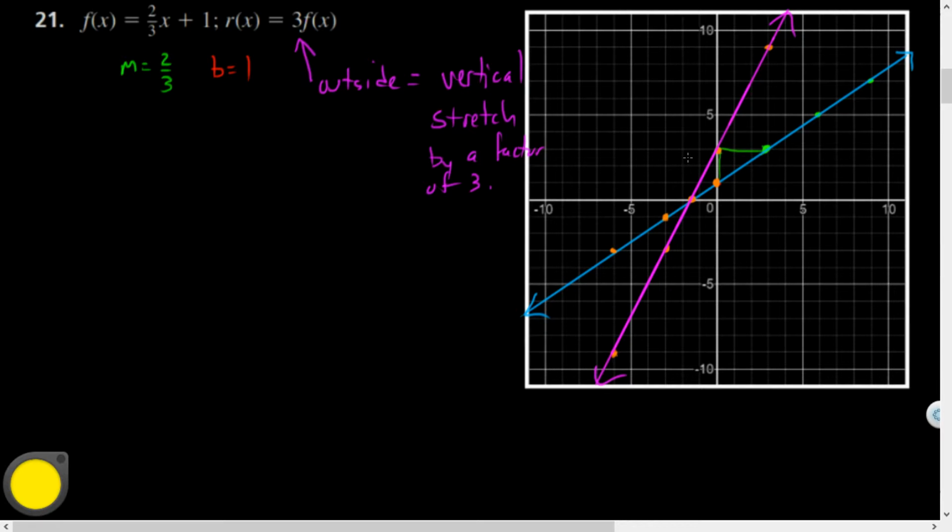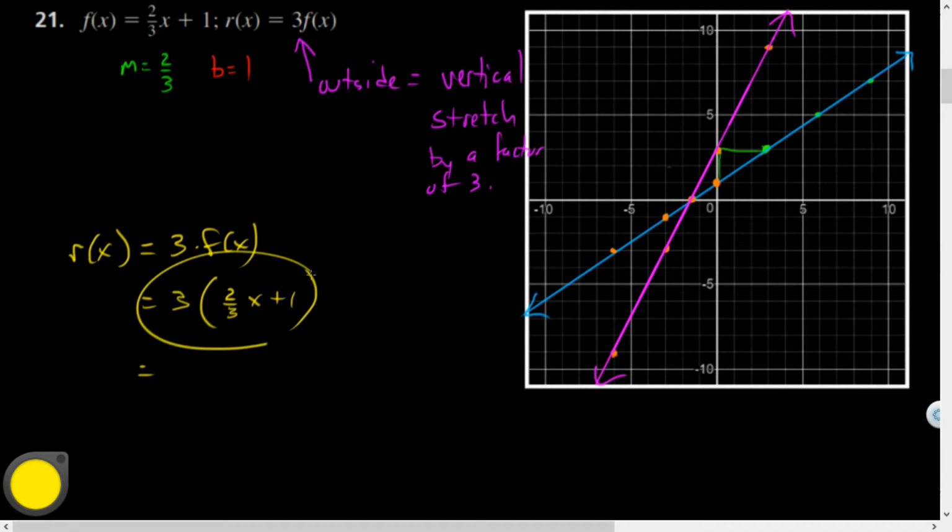I'm going to do a little side note here just because this is intriguing. If r of x is equal to 3 times f of x, you don't have to write this down, this is just bonus. That means that's the same as 3 times this thing, right? 3 times 2/3 x plus 1. And how could I simplify this?